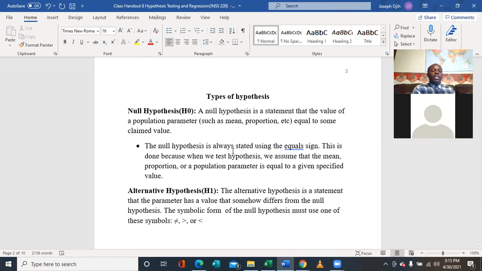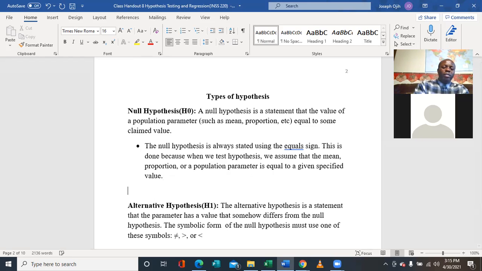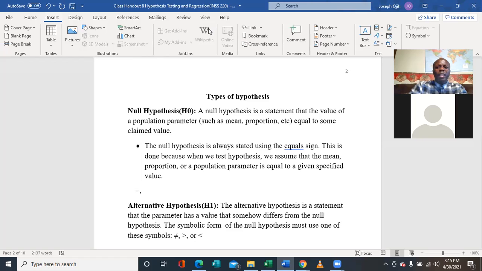The null hypothesis is usually stated using these signs, any type of equality: the equal sign, the less than or equal to symbol, and the greater than or equal to symbol.